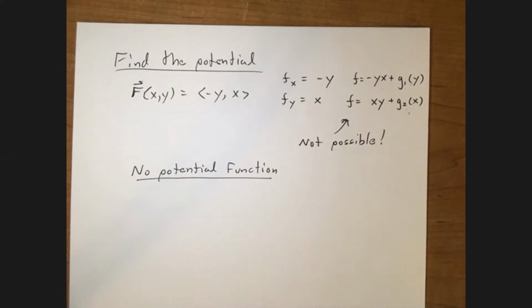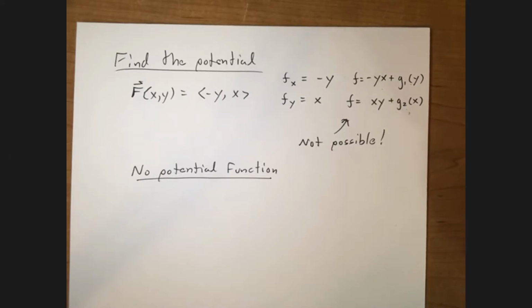So not every vector field has a potential function, but some of them do. And that is a very important thing we will want to identify in the future. There are some things you can do with vector fields if you can find their potential function that you maybe can't do if you can't.